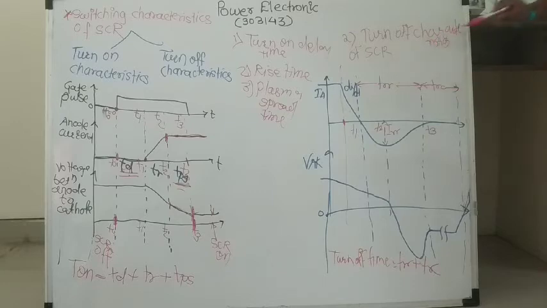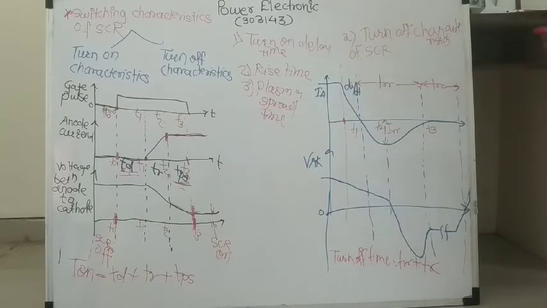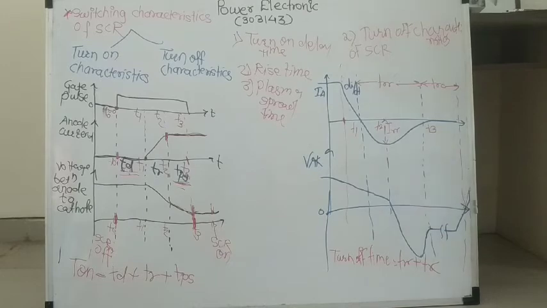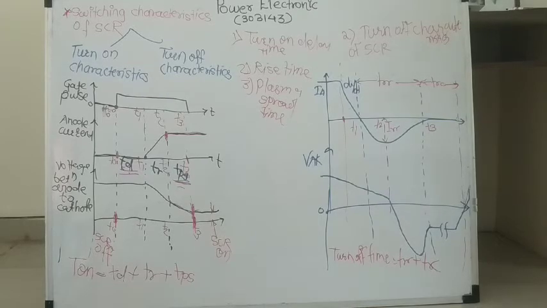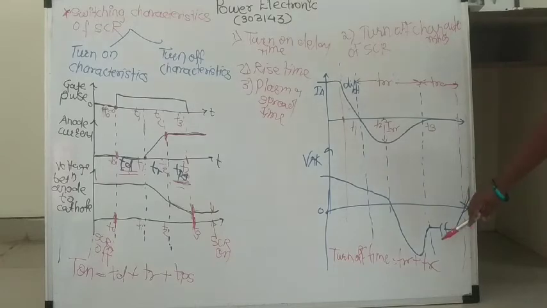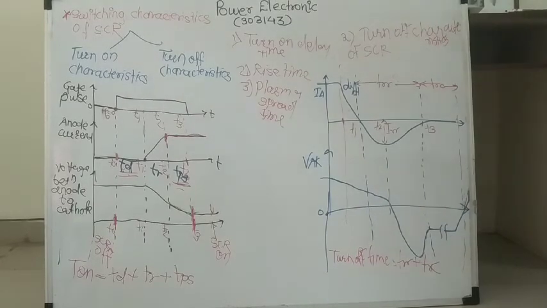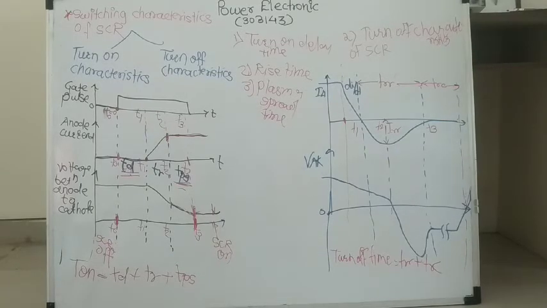This TRR is called the reverse recovery time and this TRC is called the reverse recombination time, or we can say only recombination time. Means your total turn off time is the addition of reverse recovery time plus recombination time.